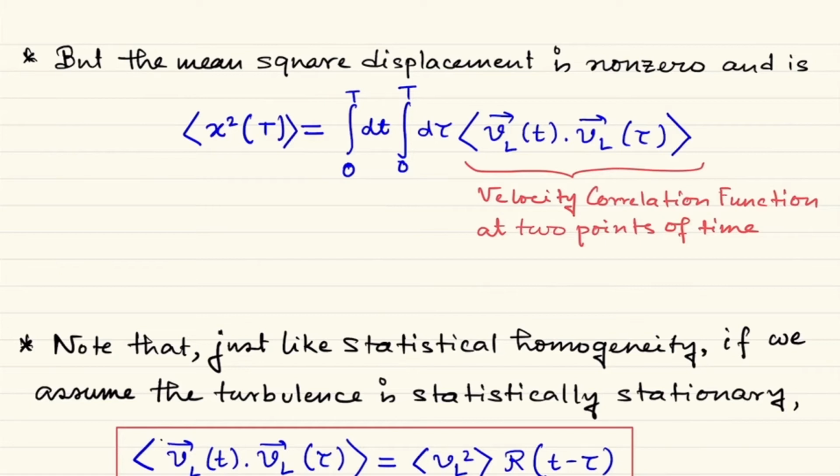Now, once again, you have to understand that these are the velocities of some fluid particle at different points of time, not different points of space but different points of time. And due to this different point of time, actually they will be at different points in space.